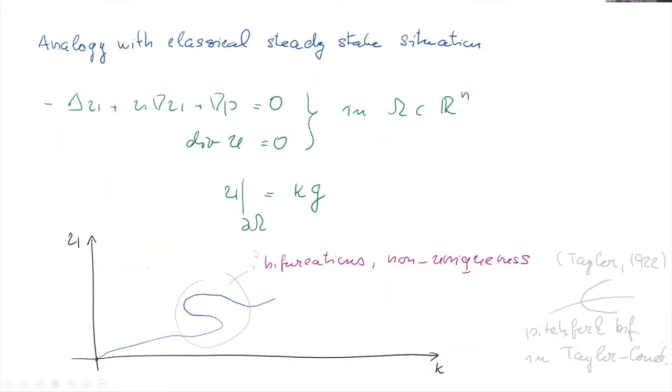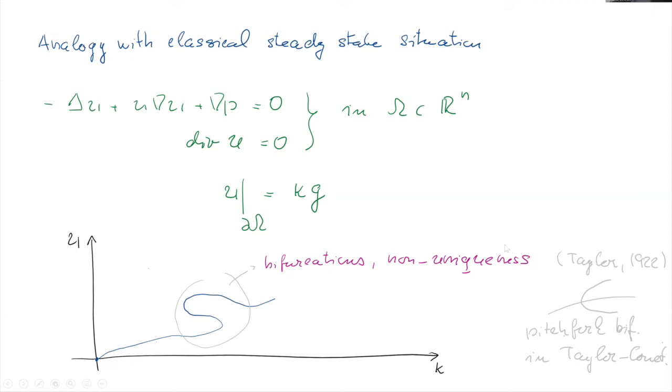So then the situation becomes quite similar to the classical problem of solving steady-state Navier-Stokes in a bounded domain with a given boundary condition, right? So if we put some parameter kappa in front of the boundary condition, we know from perturbation theory that we have unique solutions, say for small kappa, but as kappa becomes large, we can have a bifurcation.